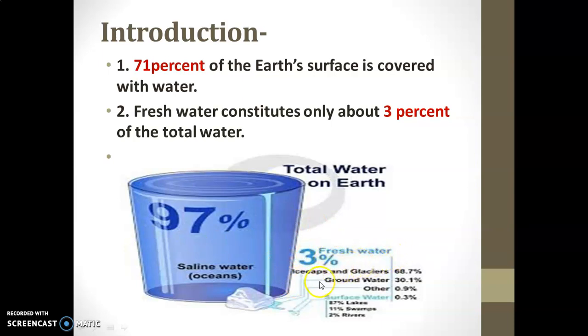And that fresh water is available in ice caps, glaciers, groundwater. So that is considered as fresh water, 3% fresh water. And we all know this 3% fresh water is very limited for our needs.